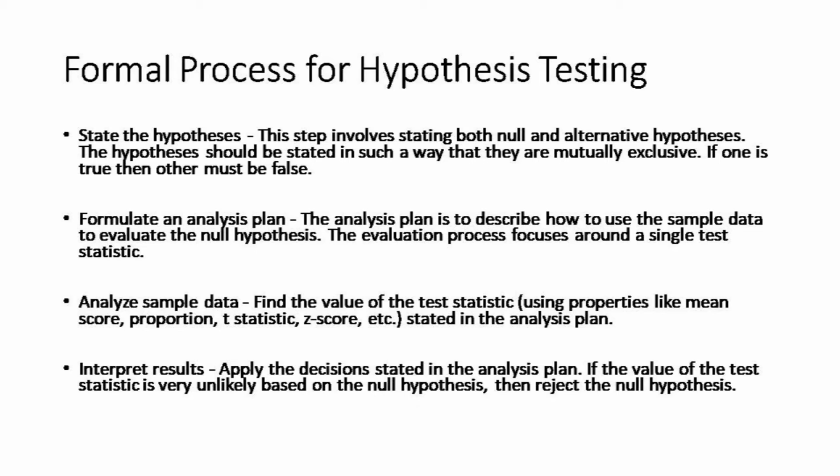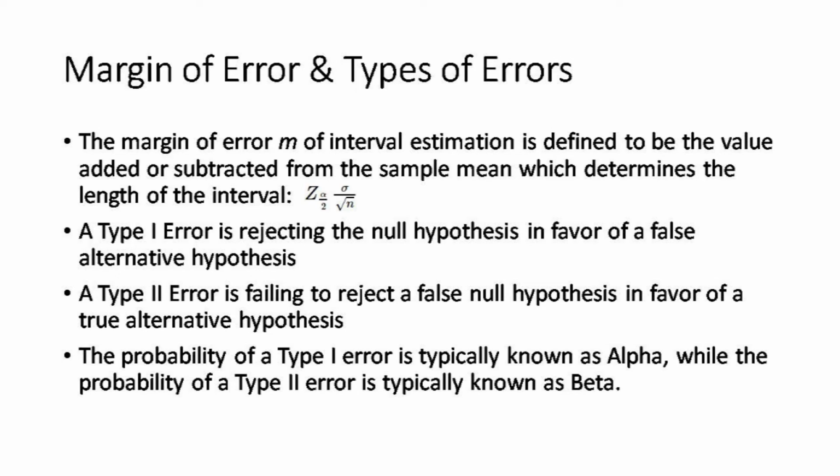So, if the value of the test statistic is very unlikely on the basis of the null hypothesis, like it was in our test of proportion case, then we reject the null hypothesis.